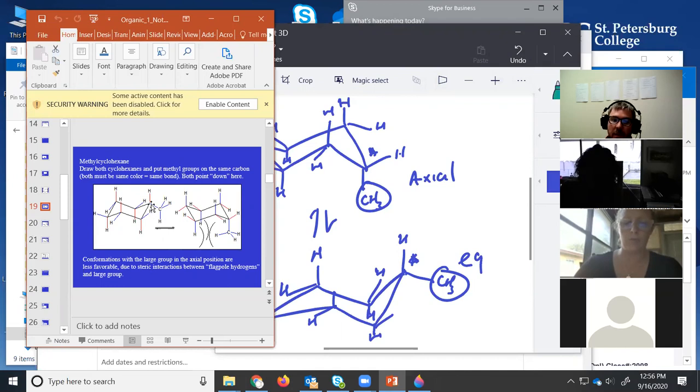Meant to ask about. Well, they're going to point in the opposite direction to be axial, but just a little bit out. Okay. But not directly. It's not exactly perpendicular. There's a little bit of variation for the equatorials.